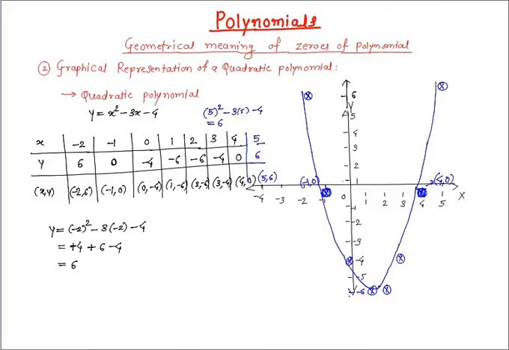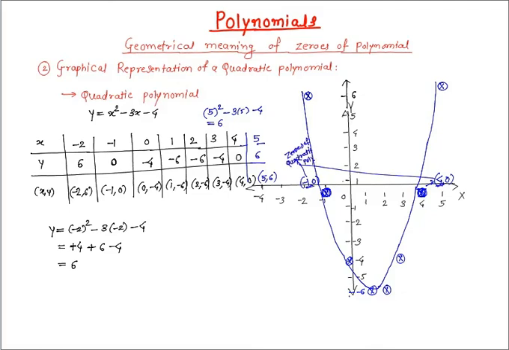They indicate the zeros of the polynomial. Or in simple terms, the x-coordinates of the points where the graph cuts the x-axis indicate the zeros of the polynomial. So -1 and 4 are the zeros of this quadratic polynomial.